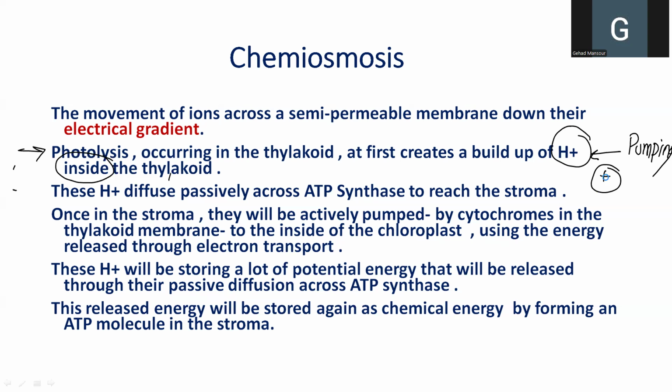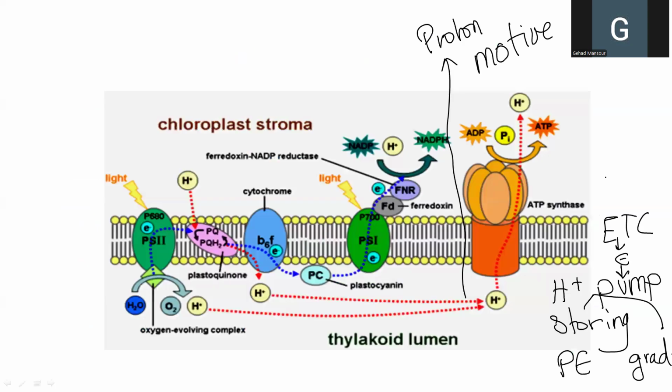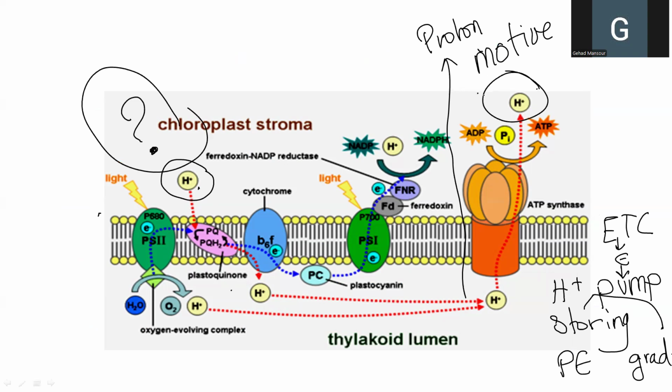And this is very important, that we have here like a cycle for the protons, meaning that you might have wondered, when I talked about pumping of these protons to the inside, about the source of these protons. Where did they come from? Actually, they are part of the protons that pass through the ATP synthase. So it's like a cycle.